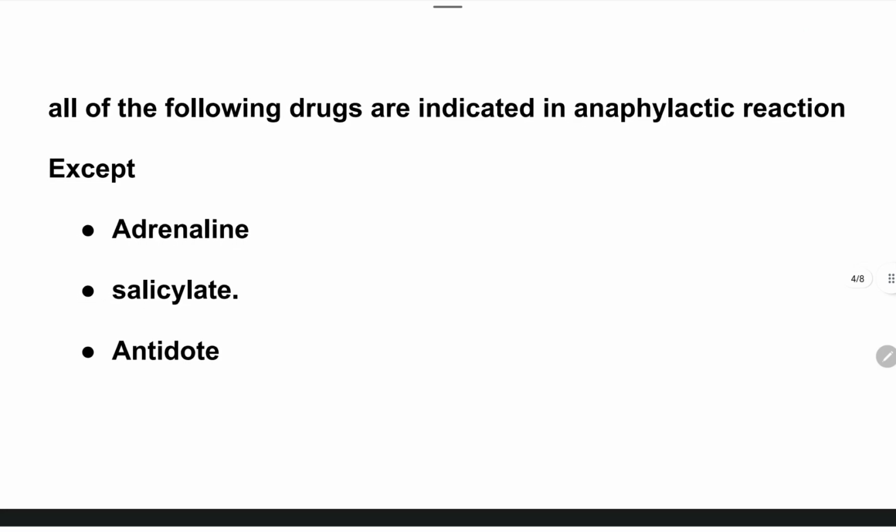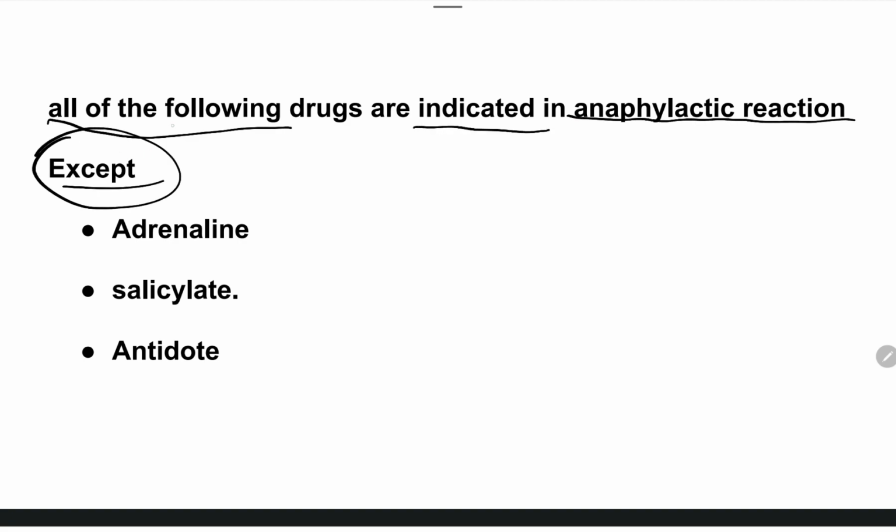The next question: all of the following drugs are indicated in anaphylactic reaction except one. Please see the question. Whenever we see "except", we should look for the wrong option among the four.